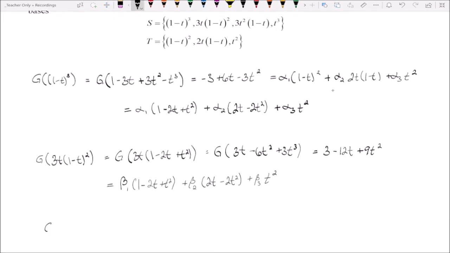Right, now we want g of 3t squared times 1 minus t. All right, so that's g of 3t squared minus 3t cubed, which is 6t minus 9t squared.